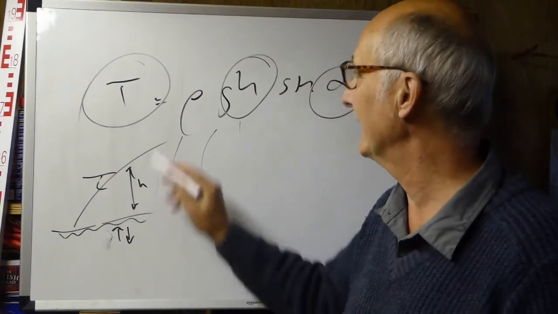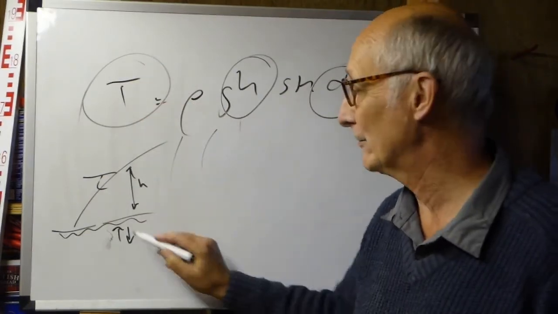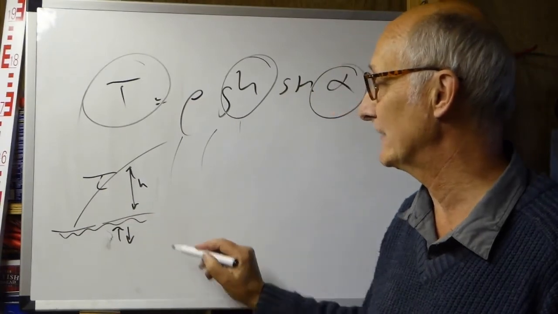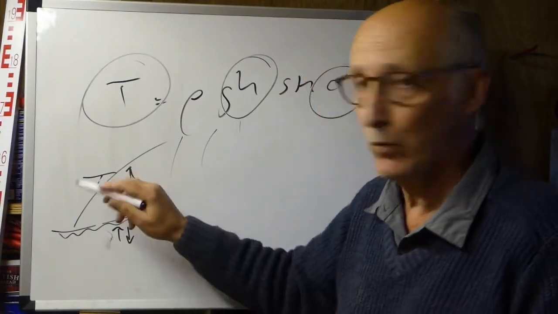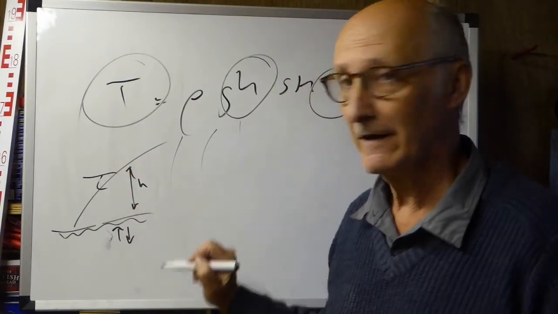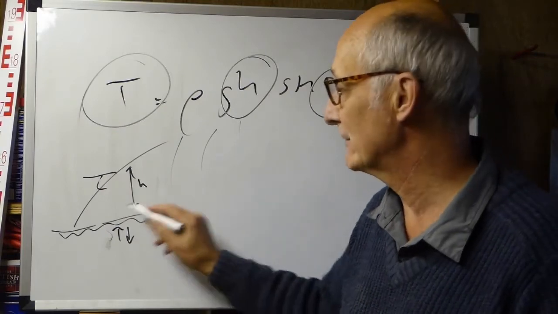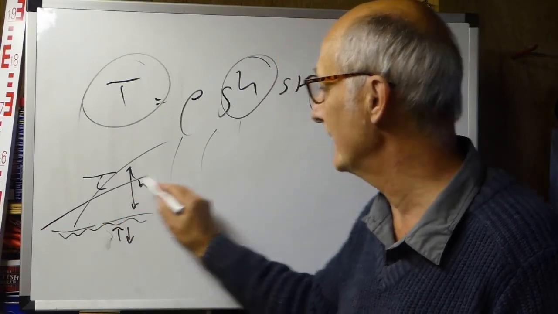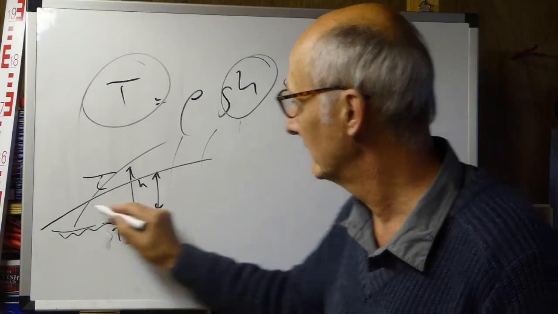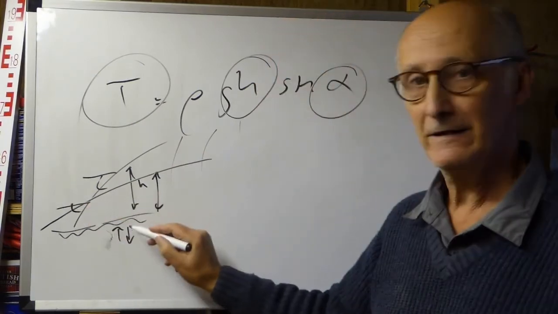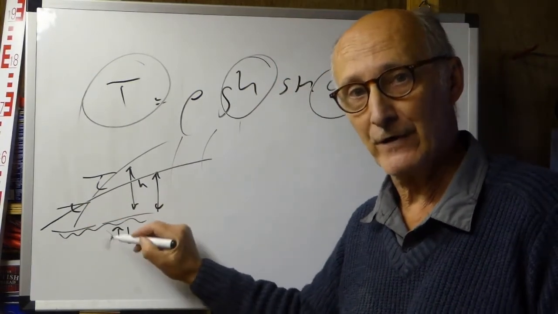To accommodate this reduced value of tau, either one or both of the thickness and the gradient are going to need to change. So we'll end up with a lower gradient, thinner glacier if we have a lower driving shear stress.